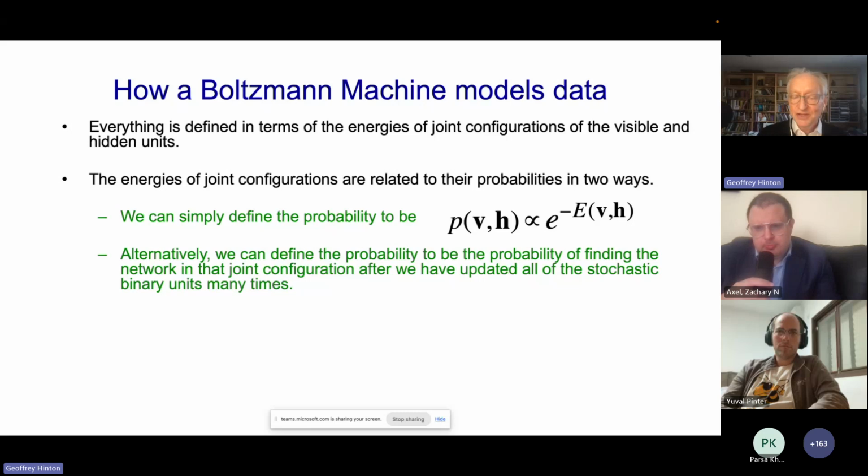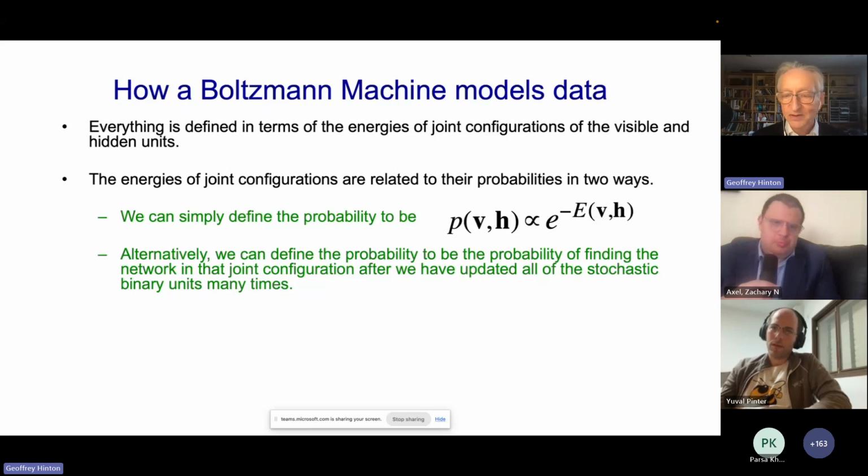After you reach thermal equilibrium, which might take a long time, you look to see whether the whole system has the vector v on the visible units and the vector h on the hidden units. The probability that you'll see that will turn out to be exactly equal to the probability you could compute from the energies, because at thermal equilibrium, it will have reached a Boltzmann distribution.